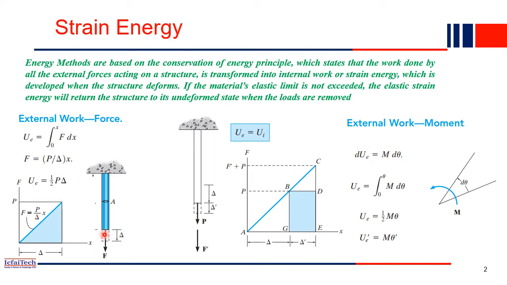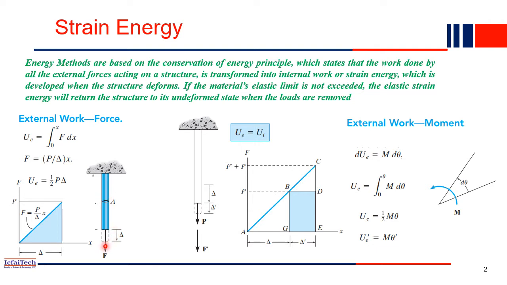So the work done is the external work. This force F is the external force, right? So because of the external force applied F, some external work has been done, right? So that same amount of work will be stored in the member as an internal strain energy.